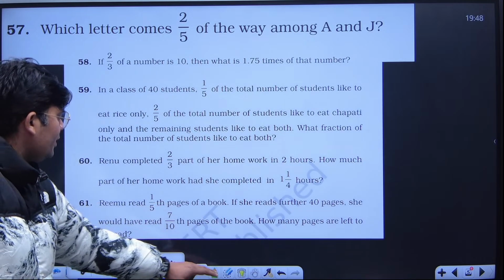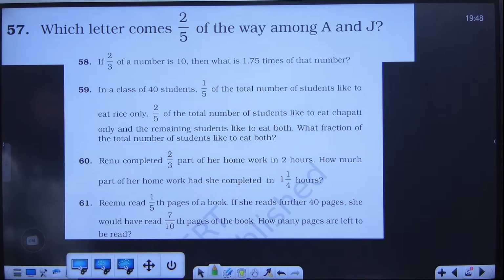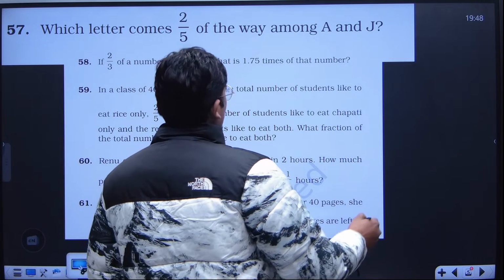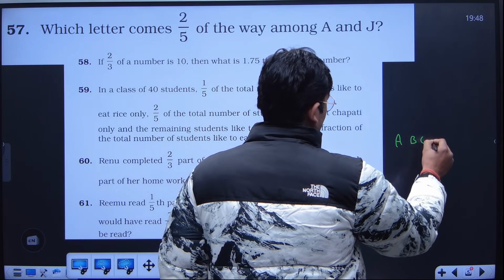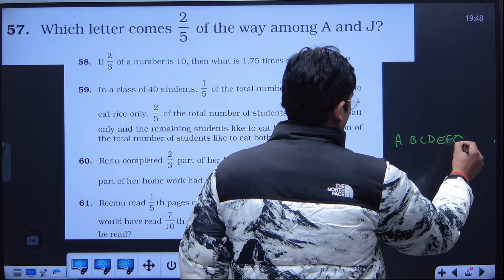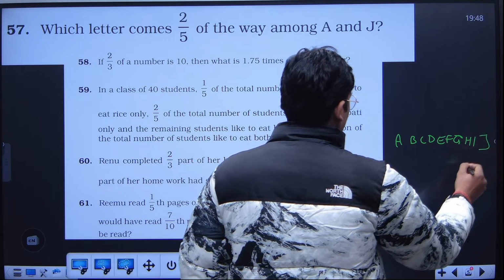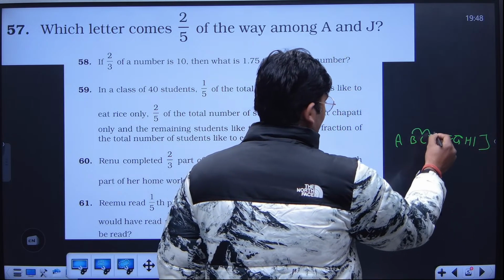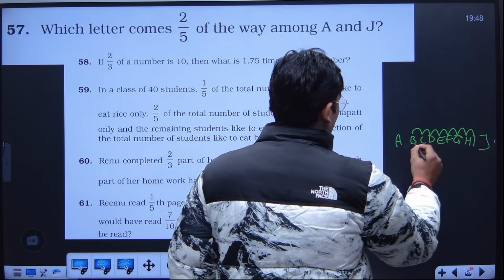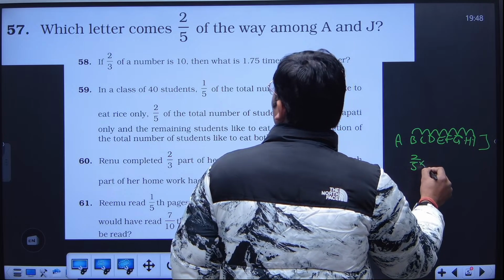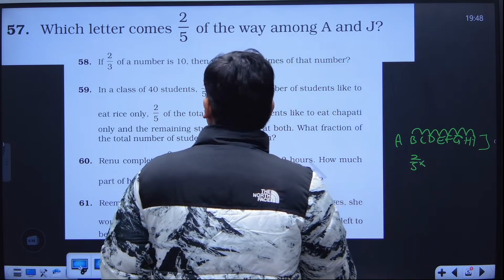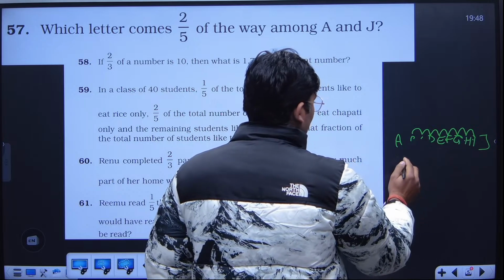Which letter comes 2 by 5 of the way among A and J? So we have B, C, D, E, F, G, H, I. 1, 2, 3, 4, 5, 6, 7, 8. 2 by 5 of... Oh, so I thought all the letters among A and J. Fine.